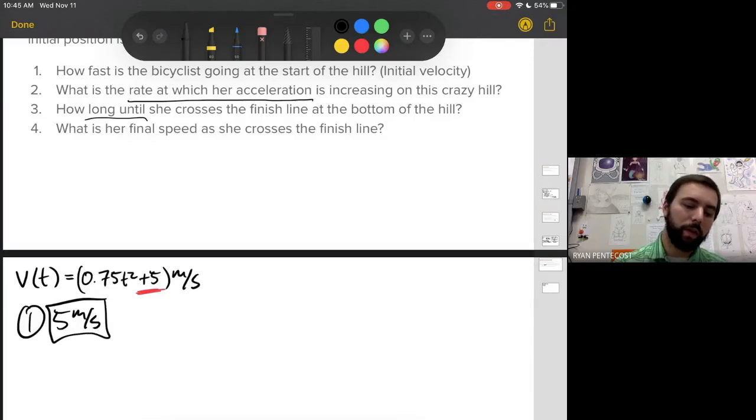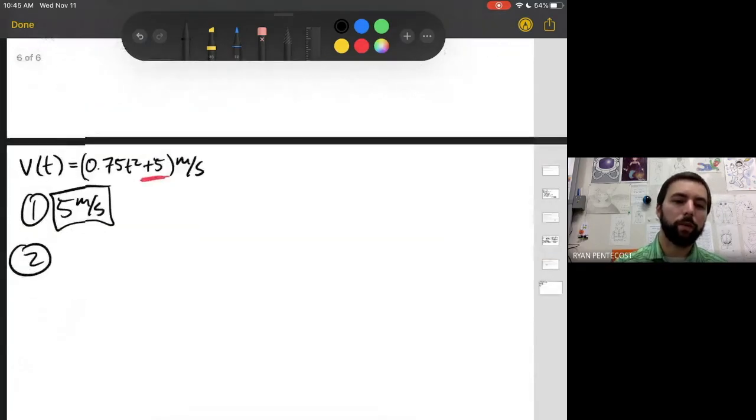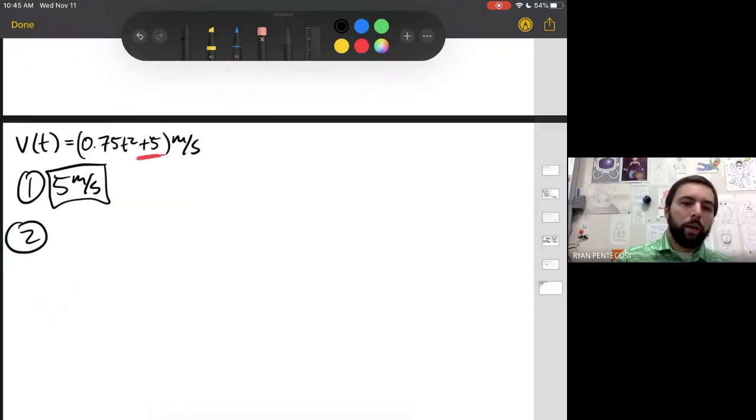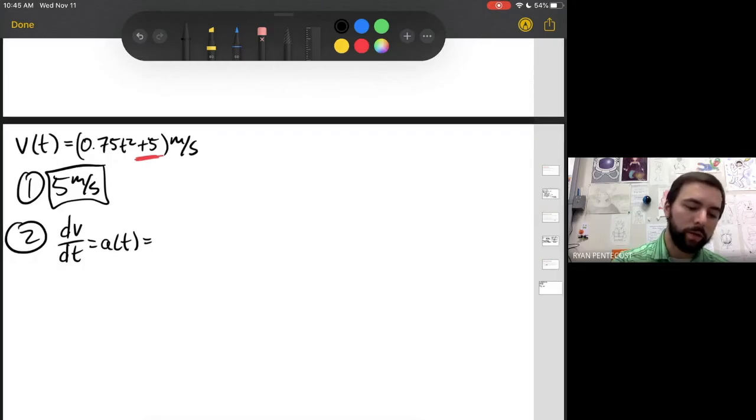Okay. Then for number 2, we want to know what is the rate at which her acceleration is increasing. So that is going to be jerk. So we will take the derivative of velocity with respect to time to get acceleration. So then we have 0.75 times 2, that's 1.5 t. And then the 5 just goes away.